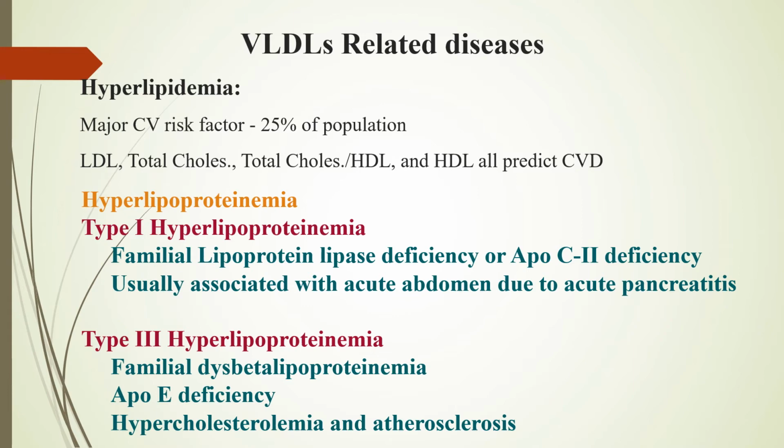Second type is type 3 hyperlipoproteinemia, which is due to deficiency of the apolipoprotein E that serves as a recognition particle for the low density lipoprotein receptors. There is also a high incidence of hypercholesterolemia and atherosclerosis with these two types.